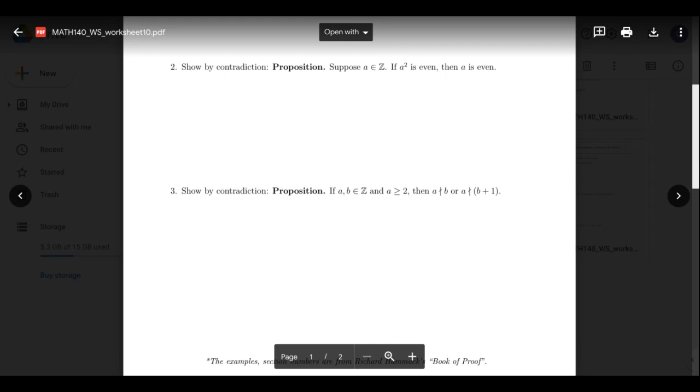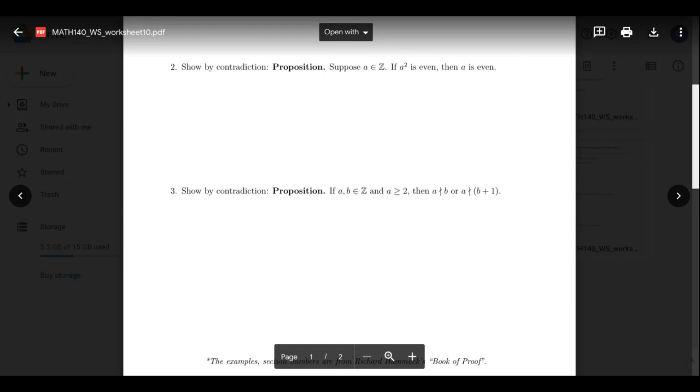Yeah, so I thought it starts out with suppose A is not even. No, suppose P and not Q. Use contradiction to prove the P implies Q statement.